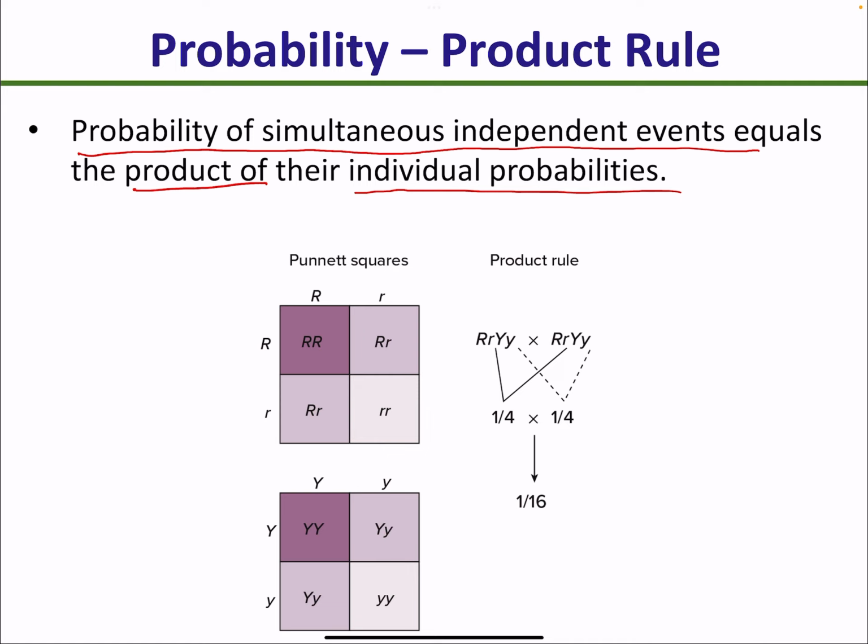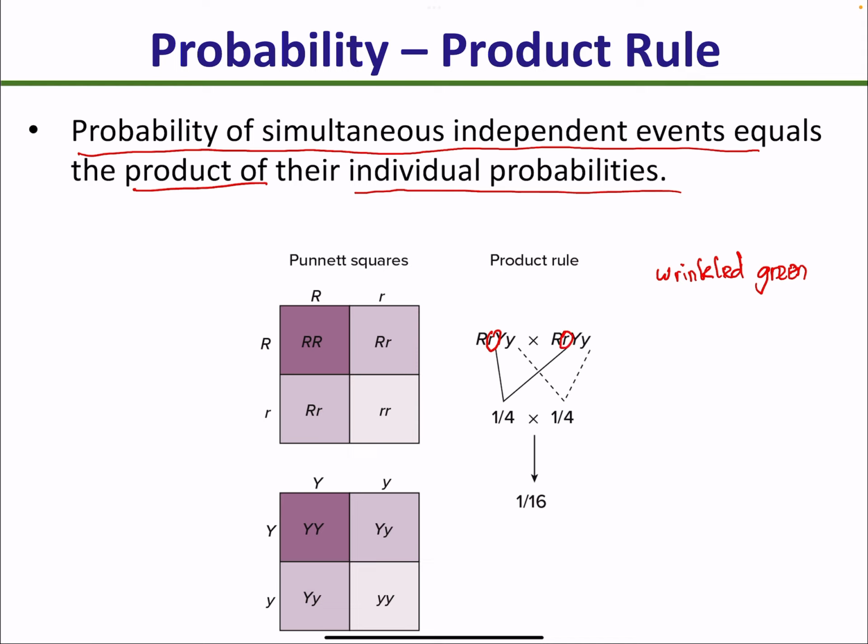In other words, if you have a dihybrid that you are self-crossing and you want, for instance, an individual that is both wrinkled and green, this means that you are looking for the chance for an individual to be lowercase r.